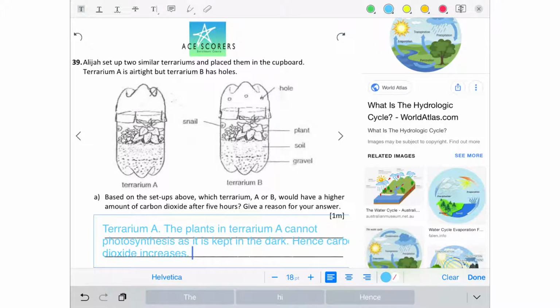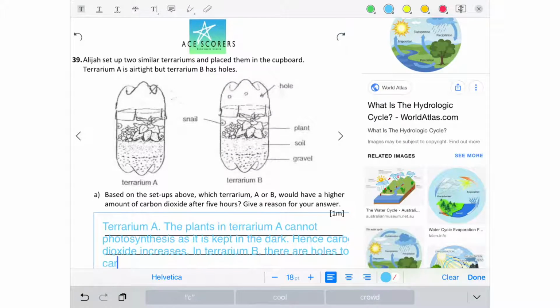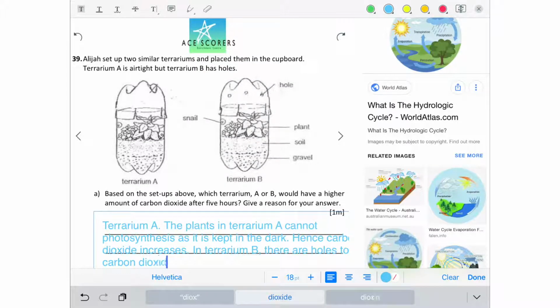Can it photosynthesize? Also cannot, but there are holes, right? So in terrarium B, there are holes to let the carbon dioxide out.